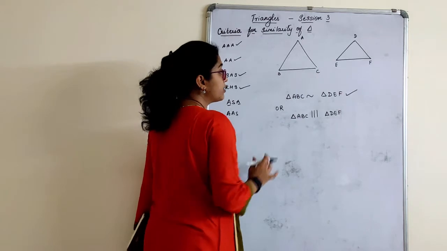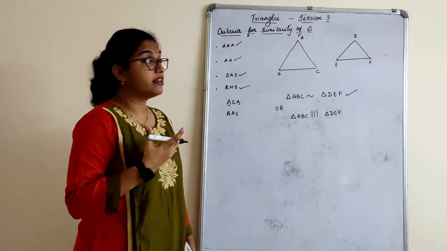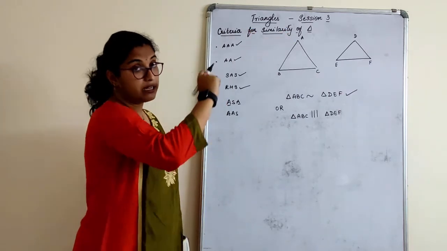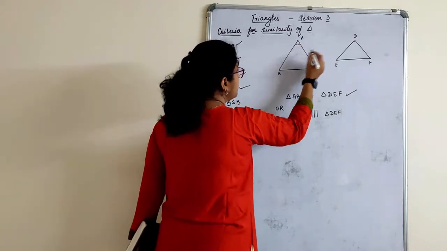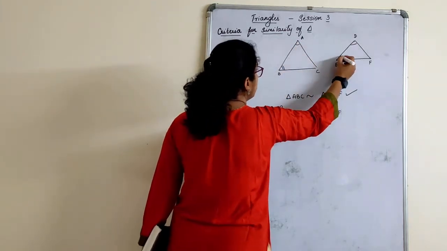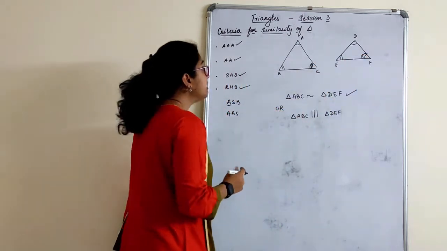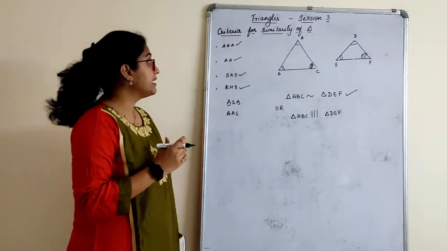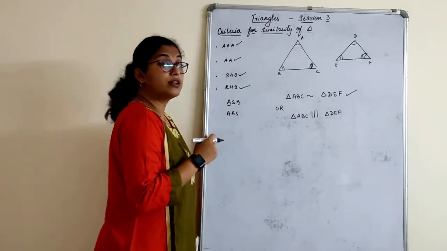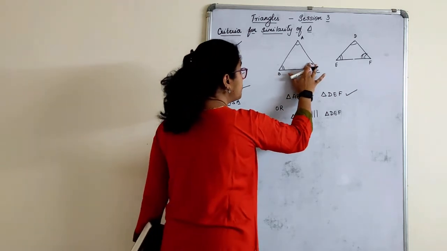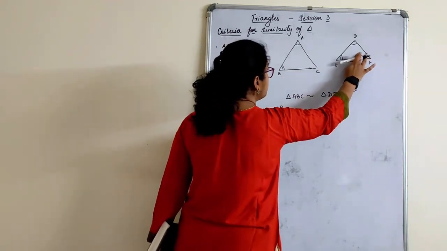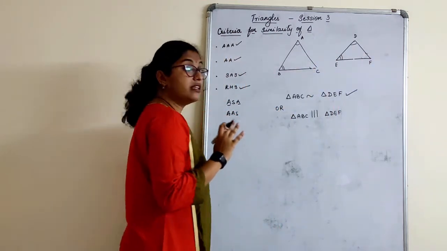We say that these two triangles are similar if all the angles of a given triangle are equal to the corresponding angles of the other triangle. That means if this angle is equal to this angle, and this angle to this angle, then these triangles are similar by AAA criteria. Now what is AA criteria? Suppose I have only two angles given, and the third angle is not given.